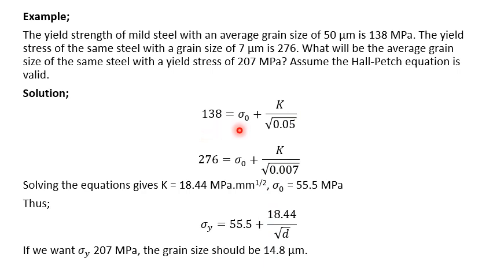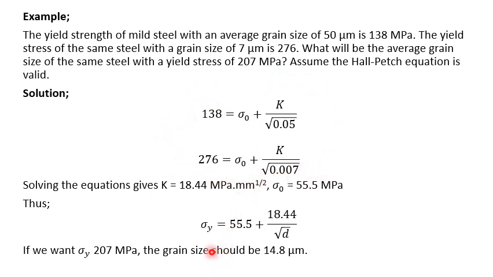Doing so, we can use the equation for the two cases to get sigma naught and k by solving these two equations simultaneously.